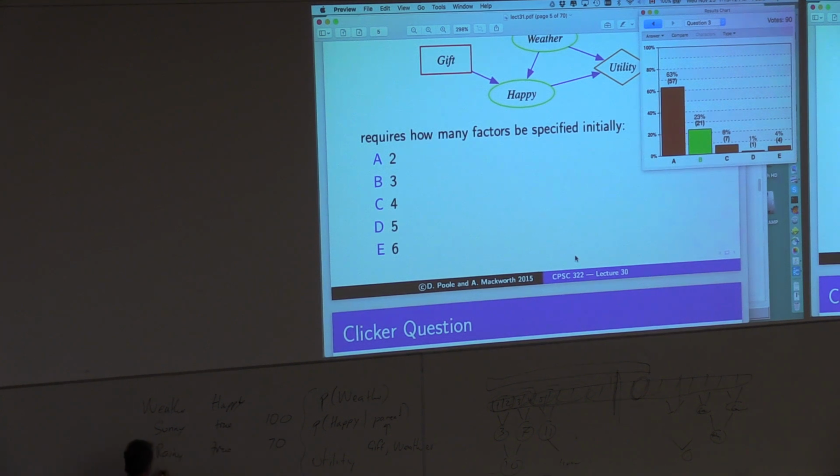Maybe if it's sunny and happy is false, the utility is 20. Maybe rainy and happy false is 0.